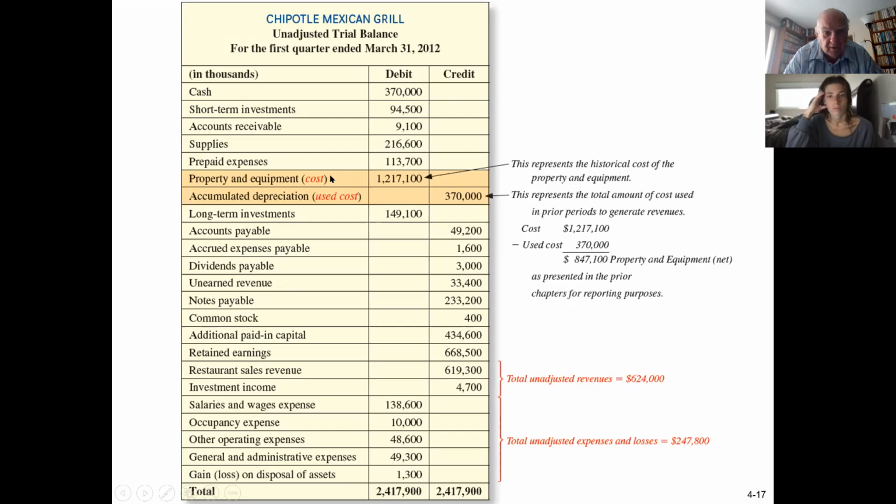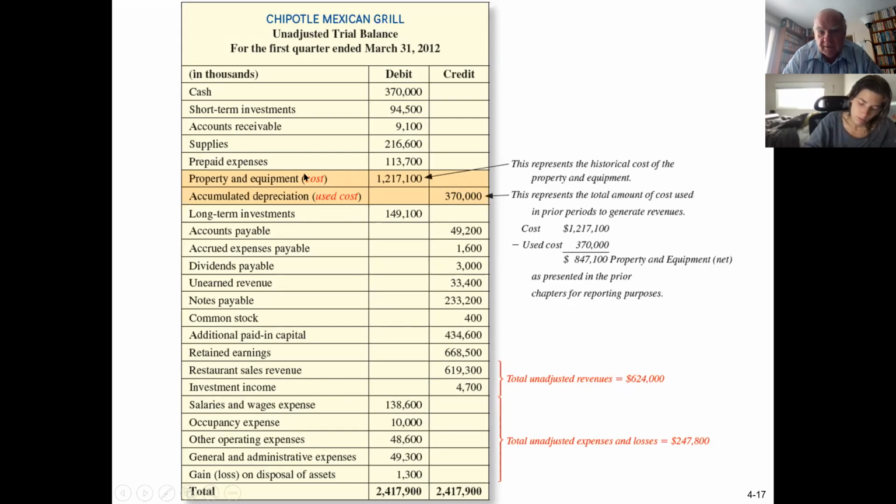You will never, ever credit the property and equipment. At this point in the class, for a long time, you'll never credit the original cost of a fixed asset.